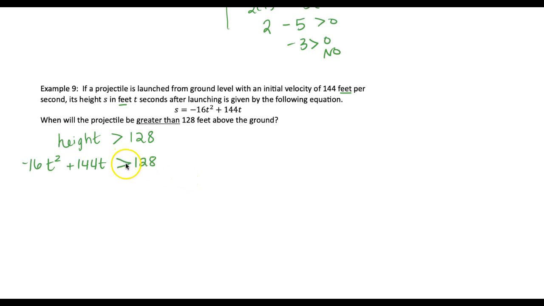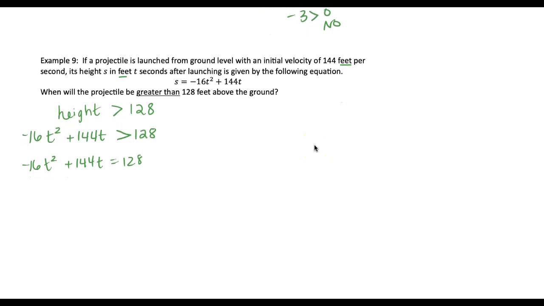I'm going to use an equal sign, -16 t squared plus 144 t equals 128. And then on my number line, I'll separate it into regions and test each section. Moving my 128 over to the left, we have -16 t squared plus 144 t minus 128 equals 0.